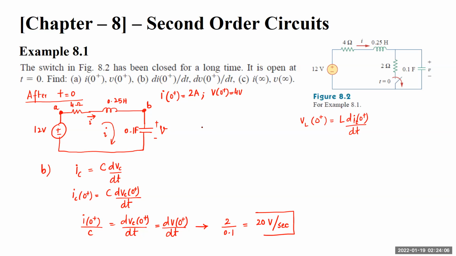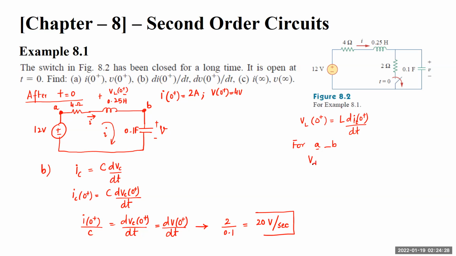We can say that the voltage across the inductor is VL(0+). So between node A and B, we have to find out the voltage VAB.